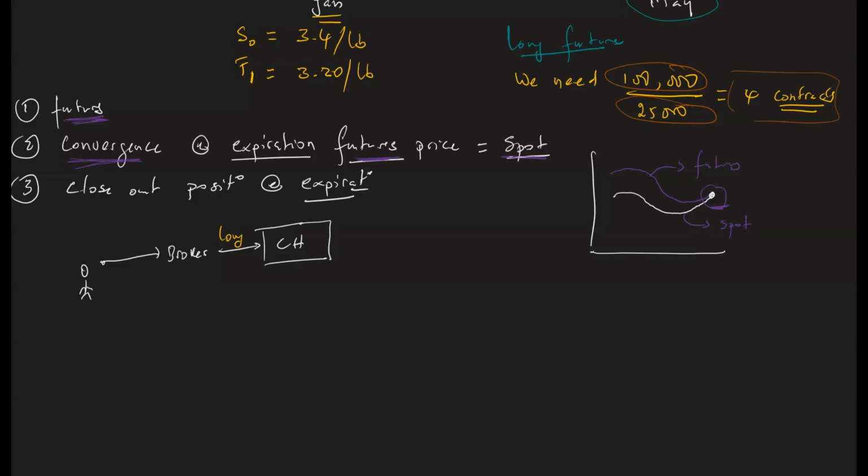The clearinghouse is the middleman, so the clearinghouse is also going to take a long position with a third party broker. So that's another broker here, and we had another gentleman here. I don't know who this guy is. All I know is I entered into a long futures position and I asked my broker to enter into a long futures position, and my broker did that with the exchange clearinghouse.